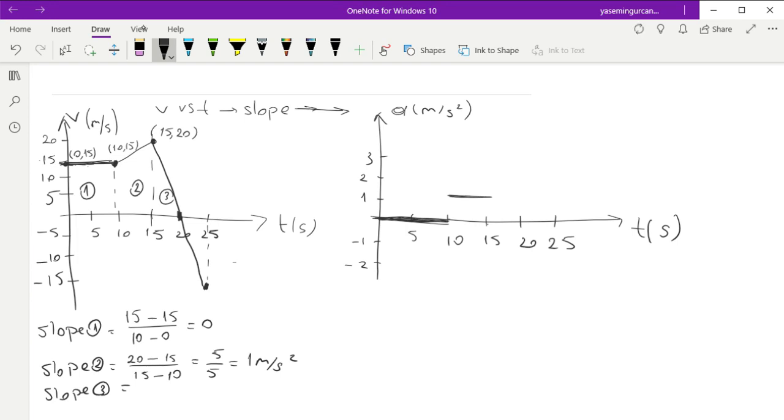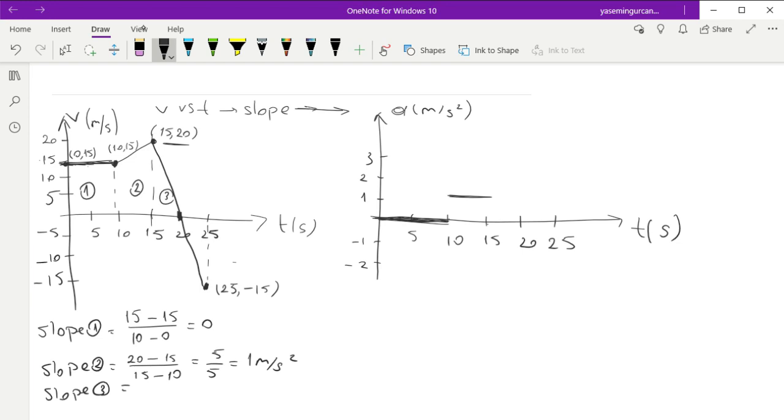And for the third region, from 15 to 25, you calculate your slope by using this as the first data point and this as the last, which is then going to be x is 25, y corresponds to minus 15.